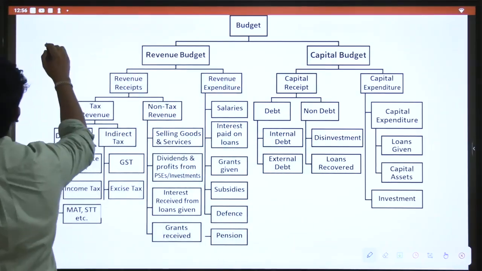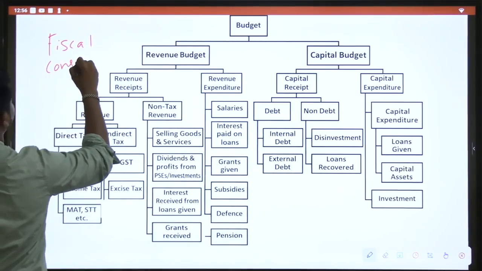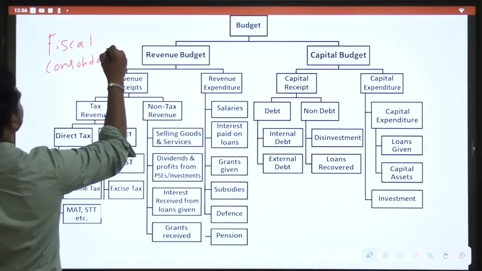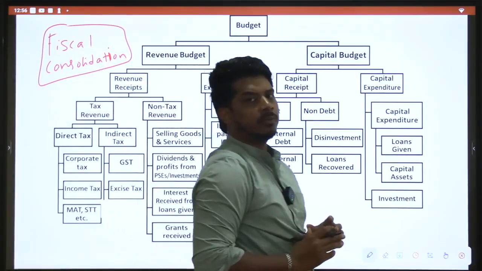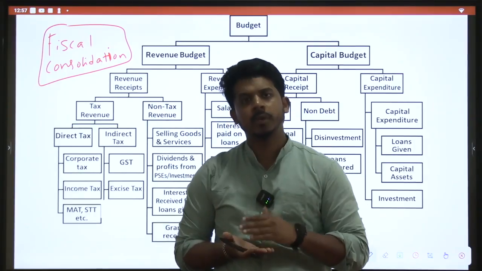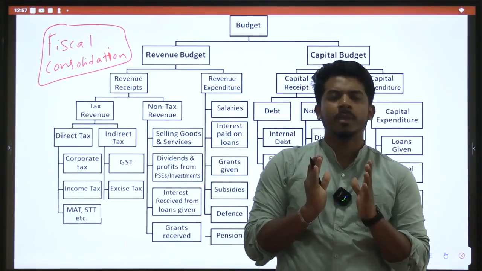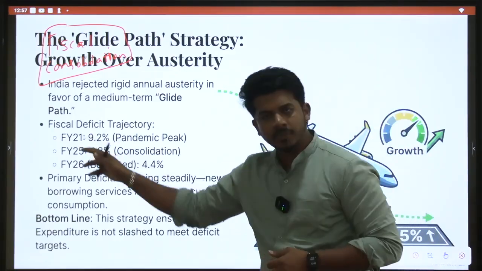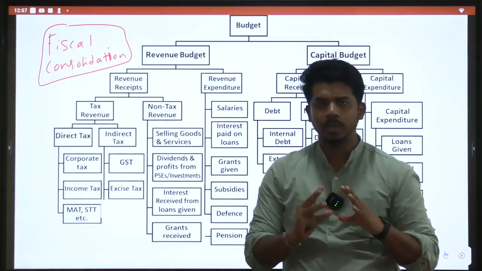When the government is taking proper actions to reduce the fiscal deficit and to reduce the debt of the country, it is called fiscal consolidation. So how to achieve this fiscal consolidation? We are seeing that India has reduced its fiscal deficit. How India is doing that, how India is able to achieve that, you have to understand.